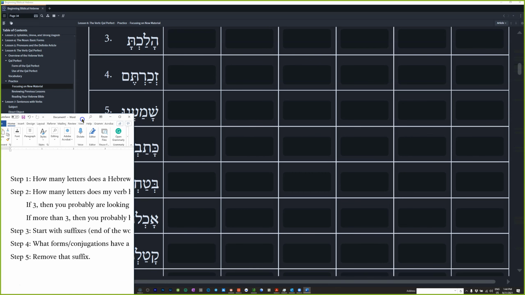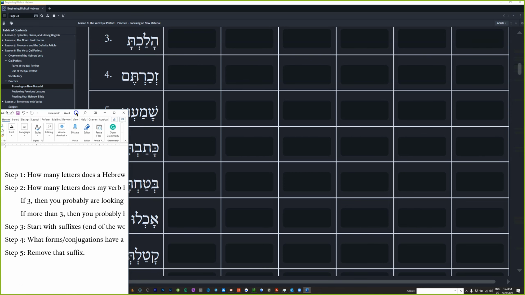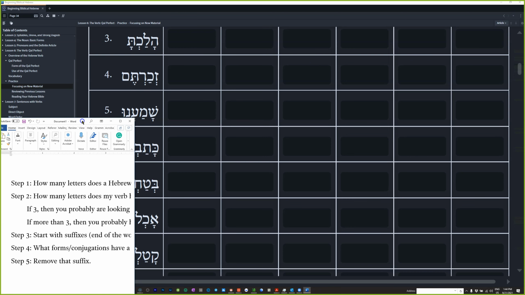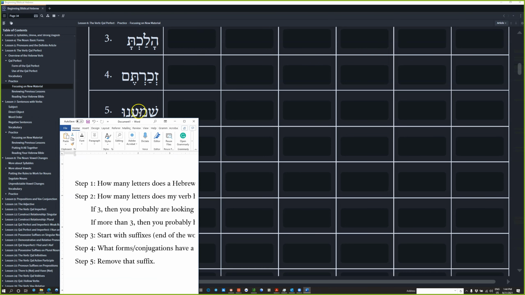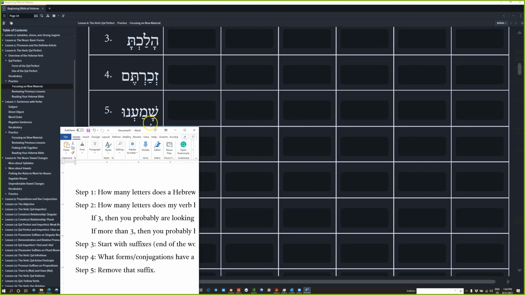You may have to look at the vowels for it to click for you, but when you're learning Hebrew vocabulary, pay attention first to the consonant letters and then note the vowel letters, because ideally you would be able to pick out shin, mem, ayin as the root that means hear or listen to. Now, when we put the kametz patach on there without a suffix, it means he heard.